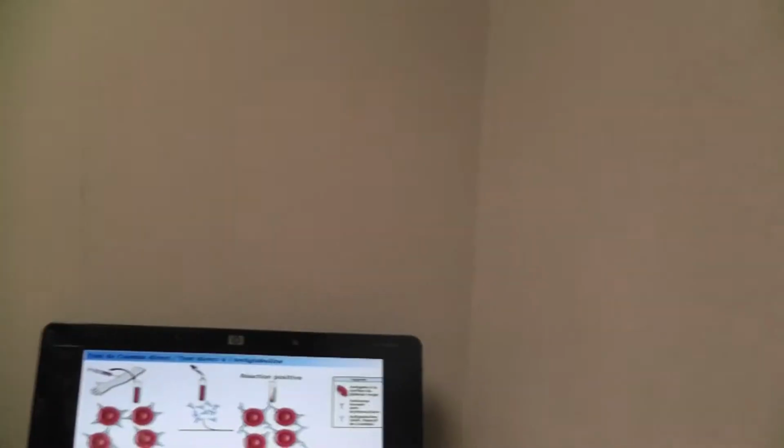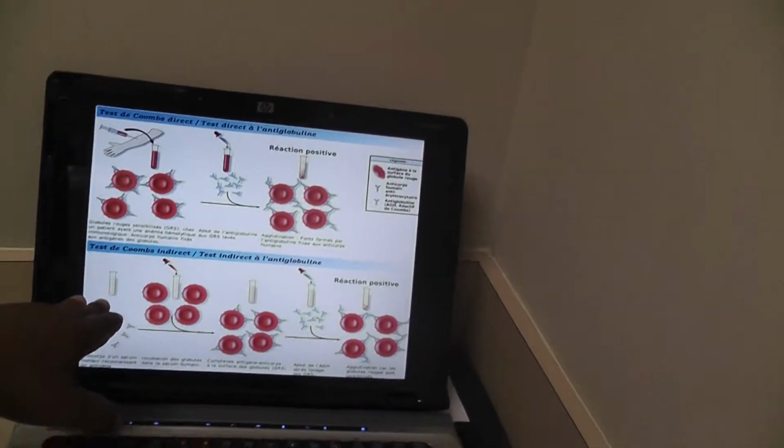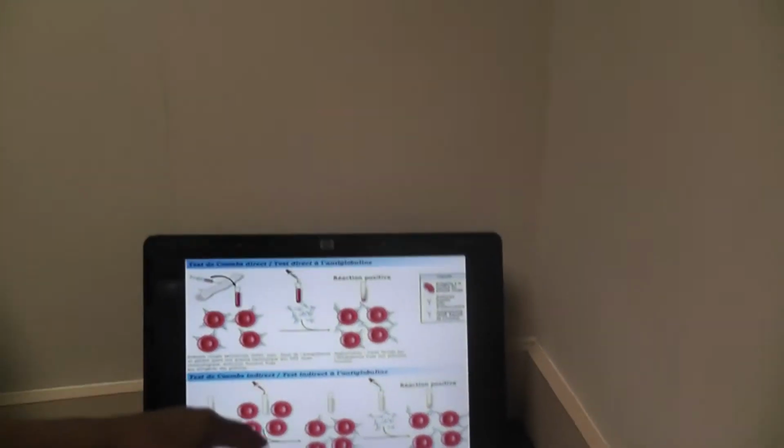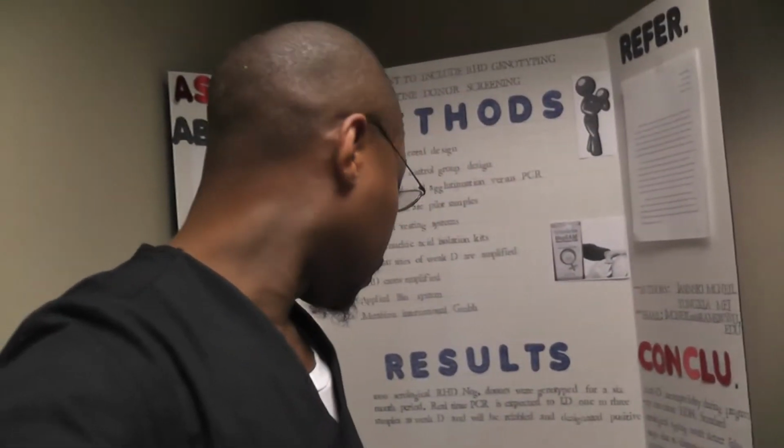Routinely, we're using serological methods, and what I want to do is show you that we need to switch over to using genotyping, because genotyping is going to be more cost effective, more reliable, and it's going to increase patient care and decrease the chances of the child getting hemolytic disease of the newborn.